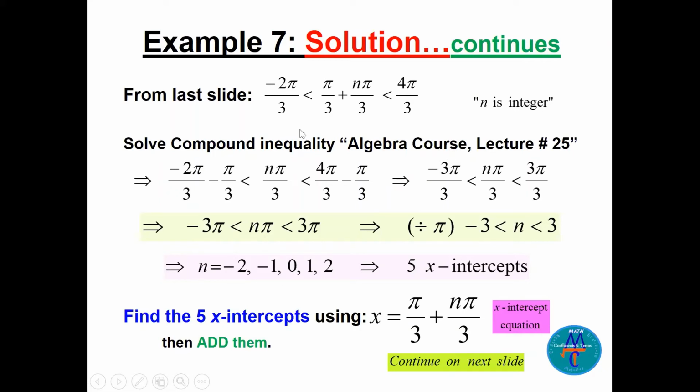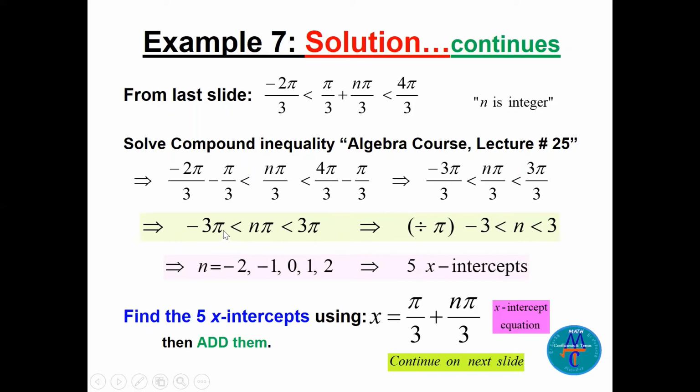So n is an integer. So what do we do? We subtract minus pi over 3 from each side. Then you have to add. So this is minus 3 pi over 3, and this is 3 pi over 3. Let's multiply everything by 3, which is positive.